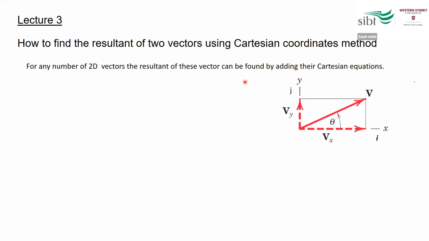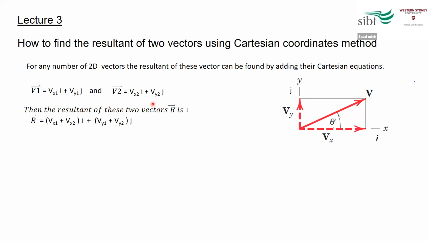So for a 2D, two-dimensional vector system, we can write the equation, for example, for the vector v1 by giving the components of the vector along x: the value of the vector multiplied by i, plus the value of the vector multiplied by j. If we have another vector, v2, then we do the same thing.